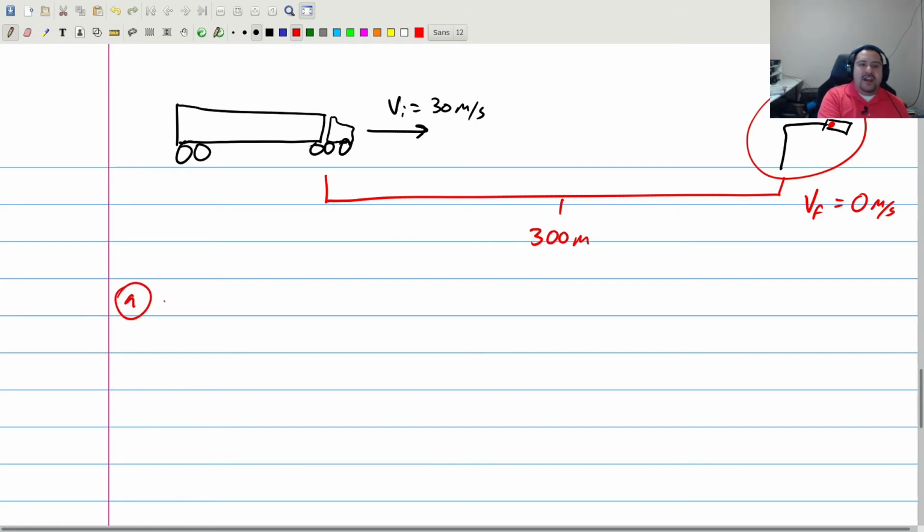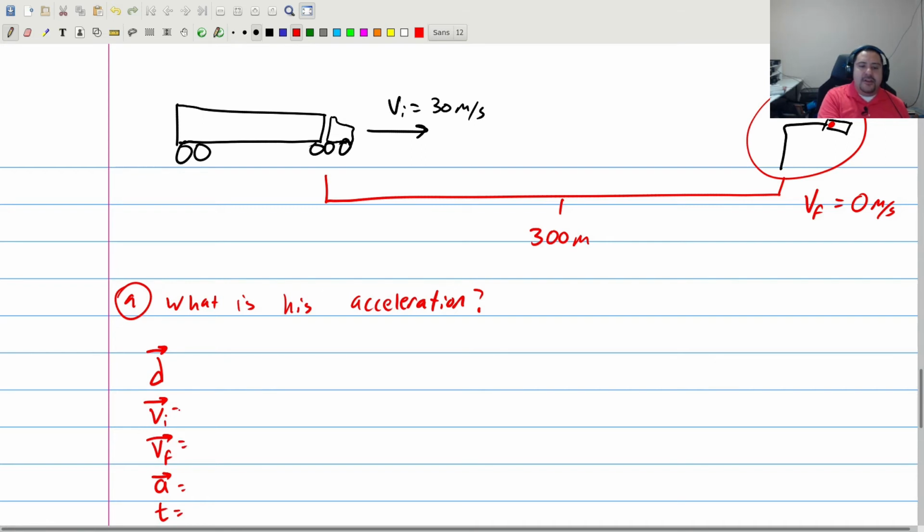Letter A, I'm going to ask, what is his acceleration? What is the acceleration of this vehicle, of the truck? Well, I look at my kinematic variables that I have. In fact, it's not a bad idea to start by filling out a chart that looks like this. Distance, or displacement actually, v initial, initial velocity, v final, for final velocity, a for acceleration, and t for time.